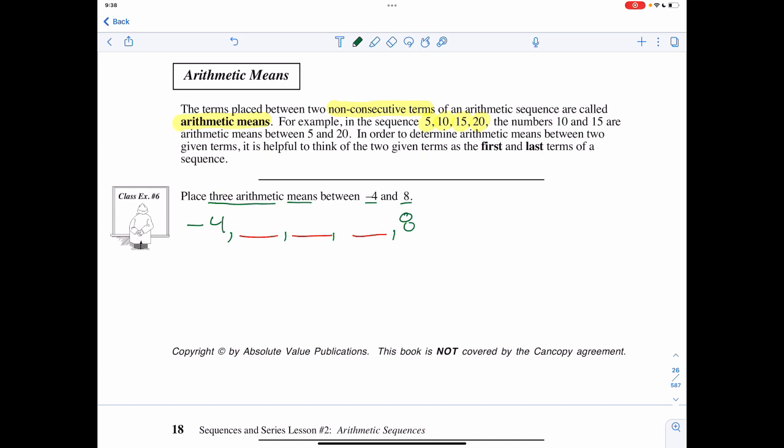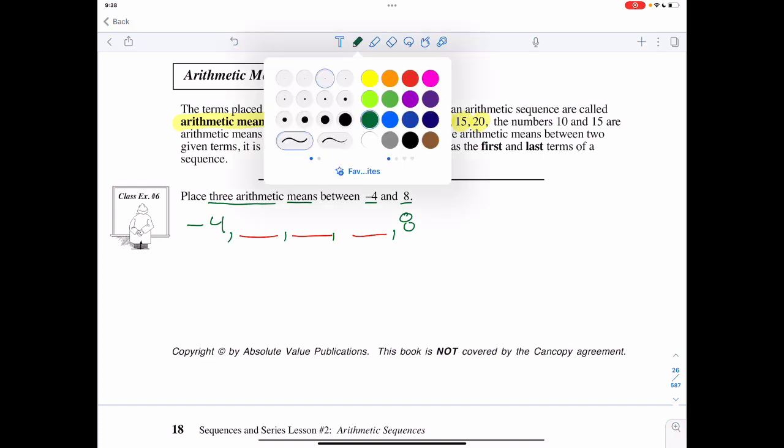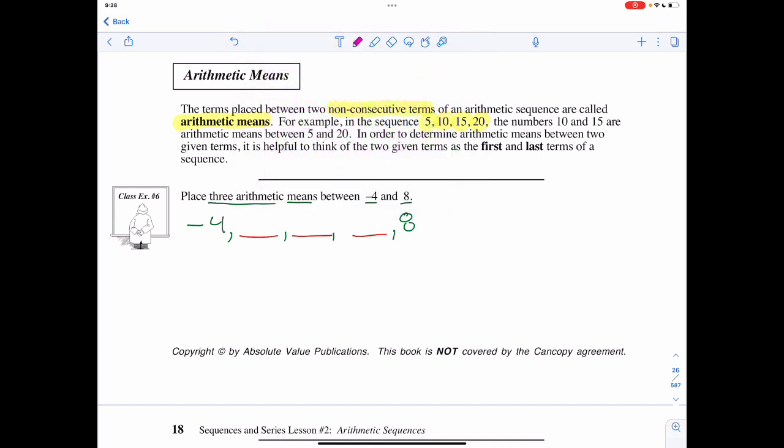Now, when I'm trying to solve for what the change is here, then I can say that if these numbers were side by side, the common difference would equal the later term minus the earlier term.